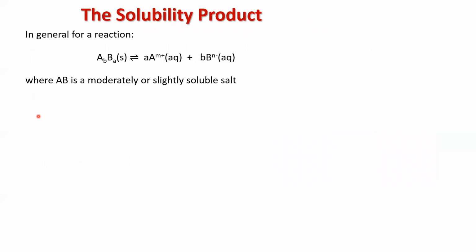All right, so how do we write Ksp expressions? Let's say that we have this generic solid here, AB. Okay, and then we've got the subscripts, which give us our formula.